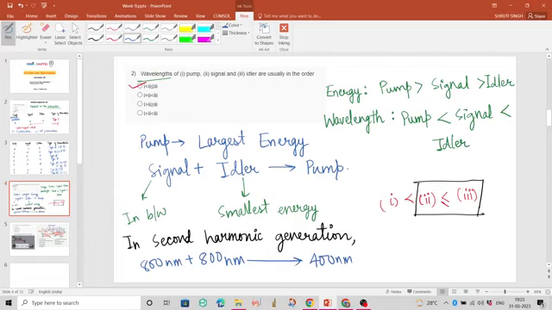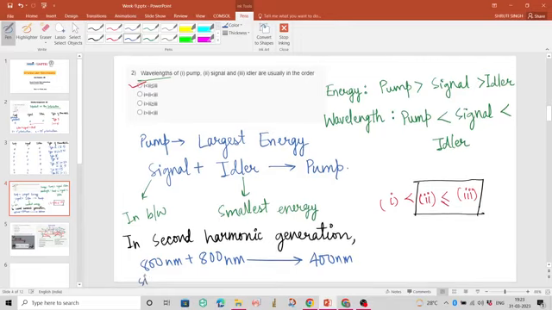So here the signal and the idler have the same wavelength. One photon will be taken as the signal photon and one will be taken as the idler. So for second harmonic generation, the signal and the idler can be of the same wavelength. That's why it's given that 2 can be less than or equal to 3.